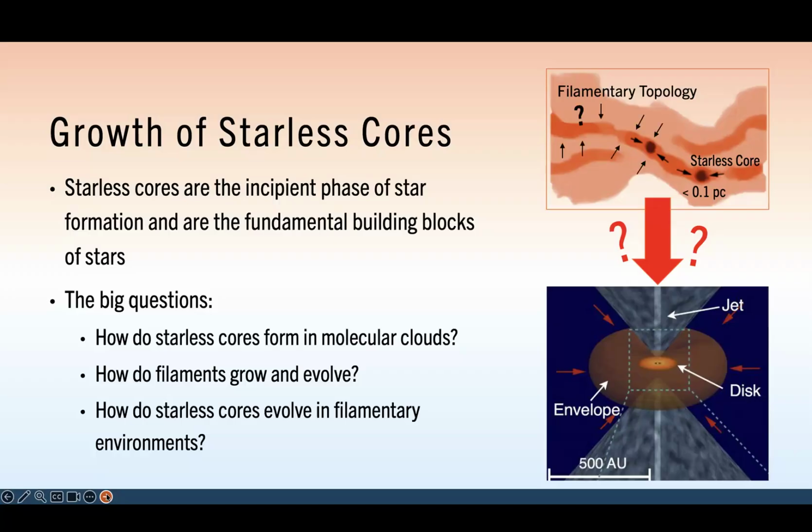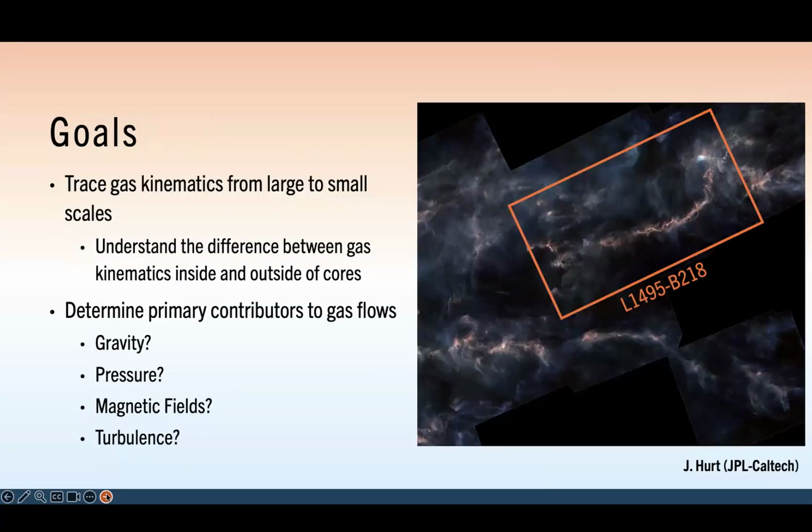But how does gas get onto these filaments in the first place? Does it accrete closer to the cores? Does it accrete onto the filaments and create densities there? So that's one of the things that this project will aim to probe.